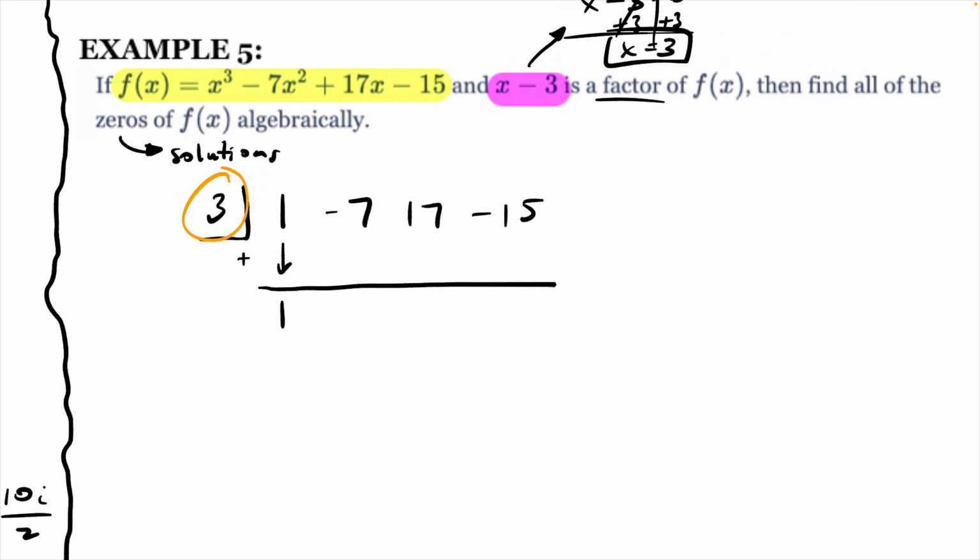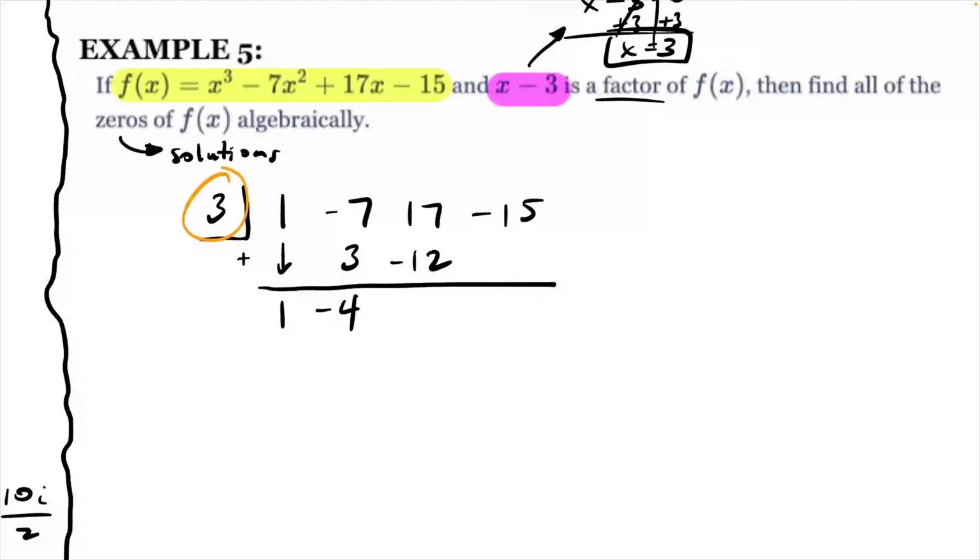And then we multiply, right? All right. And then what's the process after that? 1 times 3, right? Multiply. 1 times 3 is 3. Always add straight down. -7 plus 3, -4. 3 times -4, -12.